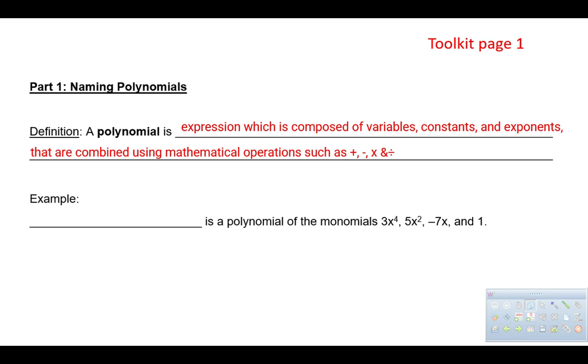which is composed of variables, constants, and exponents that are combined using, you don't have to write mathematical operations, you can just say using plus, minus, times, divide, right? So using the math operations.